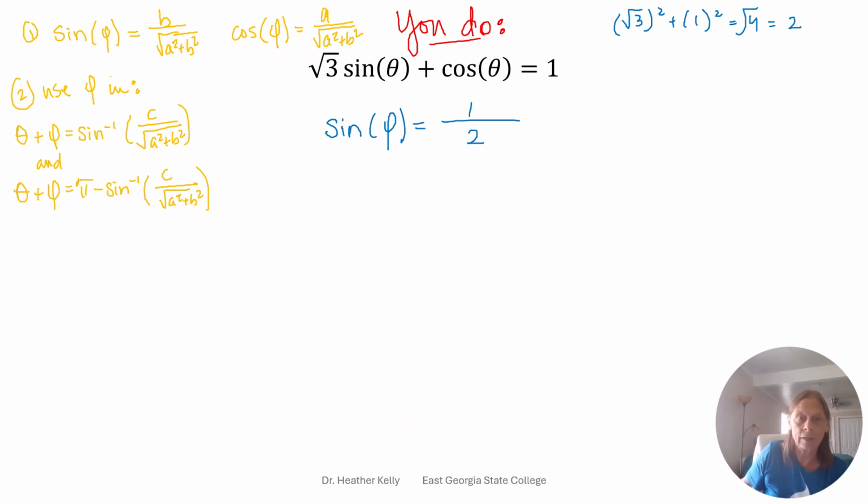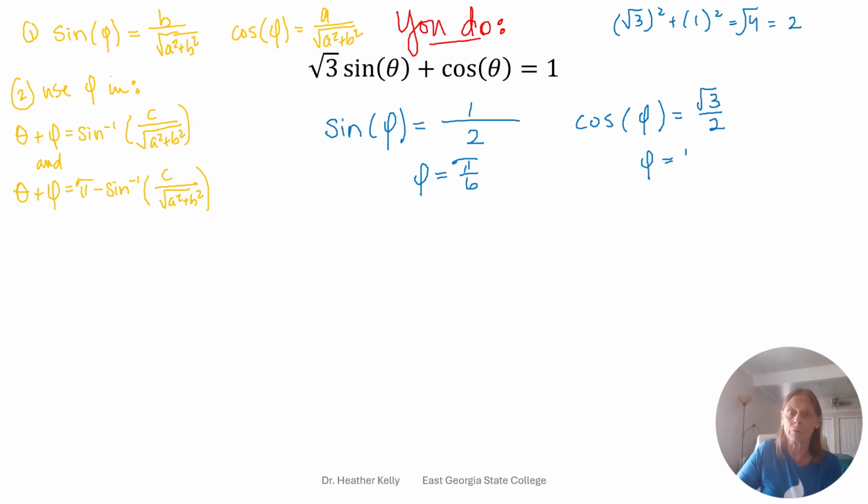All right, and so that makes cosine of phi equal to root 3 over 2. But of course, you're not ever going to necessarily have to do both of them. Sine of phi is equal to 1/2 when phi is equal to pi over 6. Cosine of phi is equal to root 3 over 2 when phi is equal to pi over 6. So those match, so we're in good shape there.